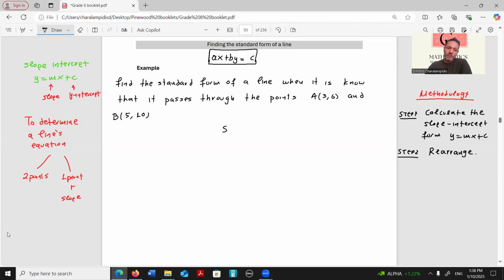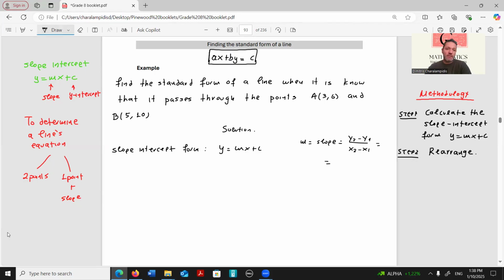It is known that the slope-intercept form is the form y equals mx plus c. To uniquely determine it in this case, I need to find the unique values of m and of c. I'll begin with m, which is the slope, and for that we have the slope formula, which is y2 minus y1 over x2 minus x1.